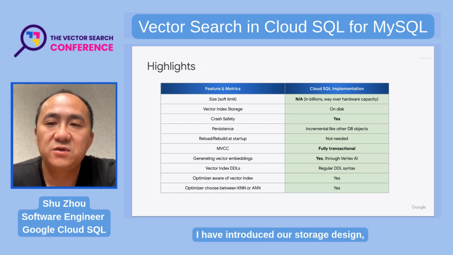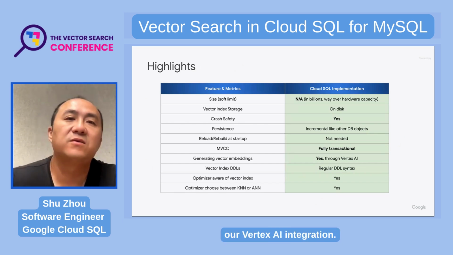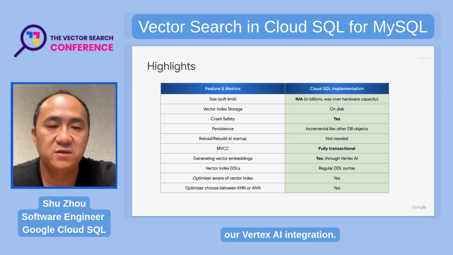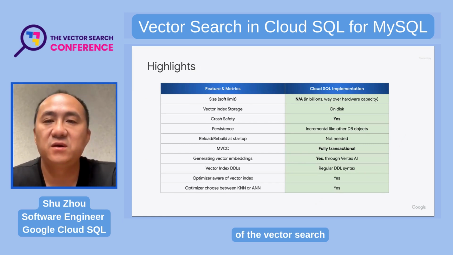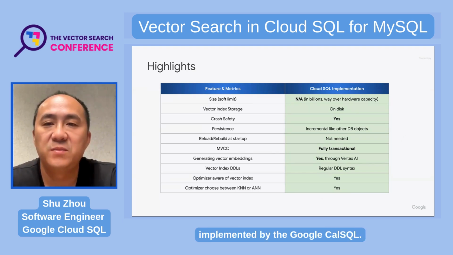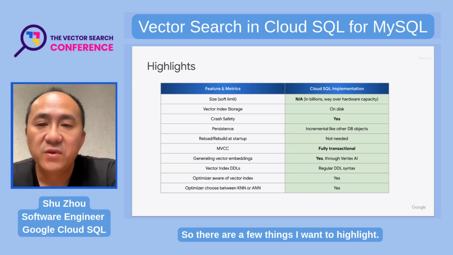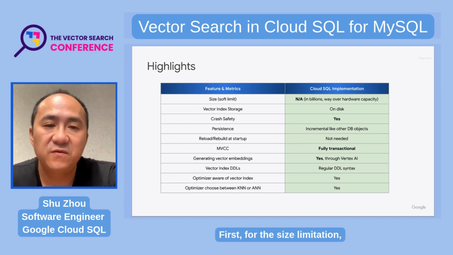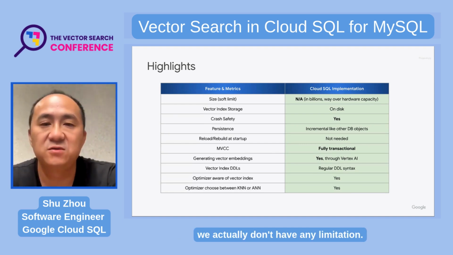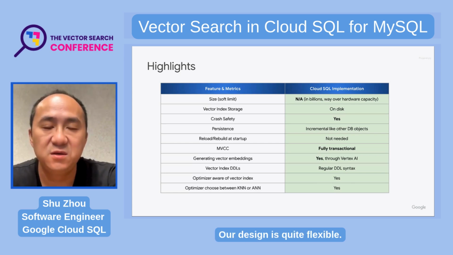Okay, I have introduced our storage design and our Vertex AI integration. Here is a summary of the vector search implemented by Google Cloud SQL. There are a few things I want to highlight. First, for the size limitation, we actually don't have any limitation. Our design is quite flexible.